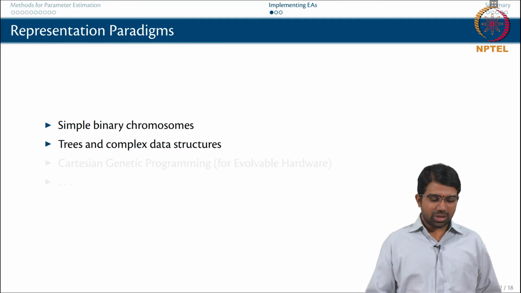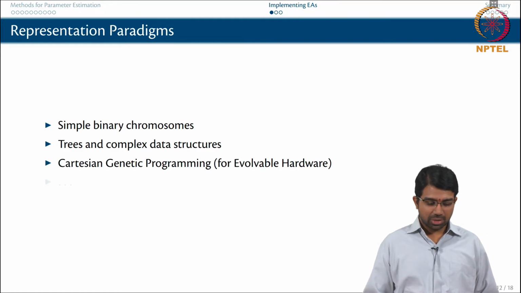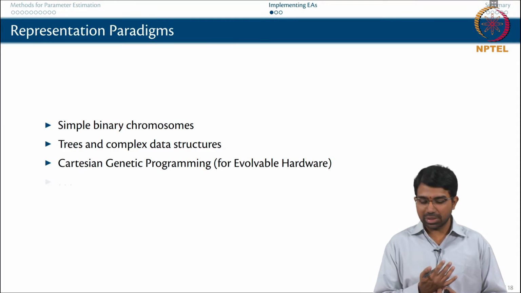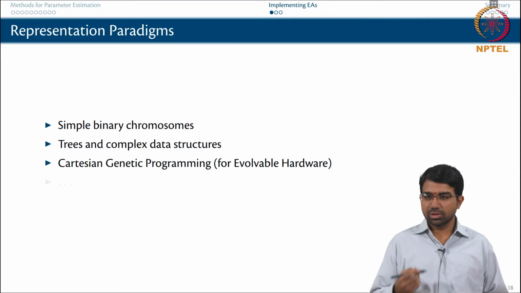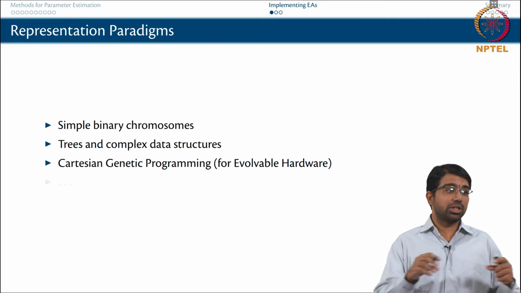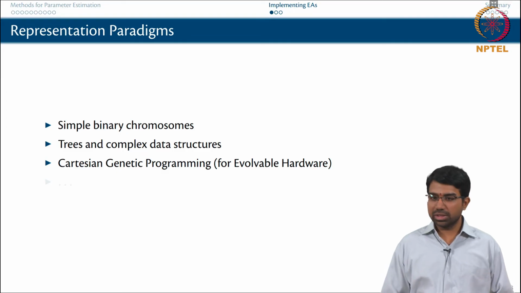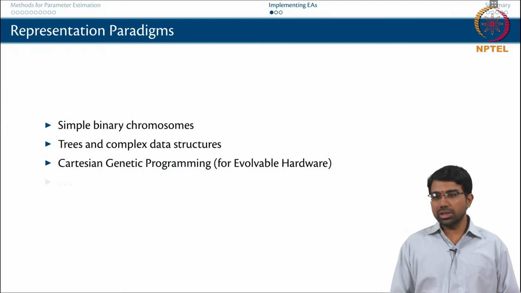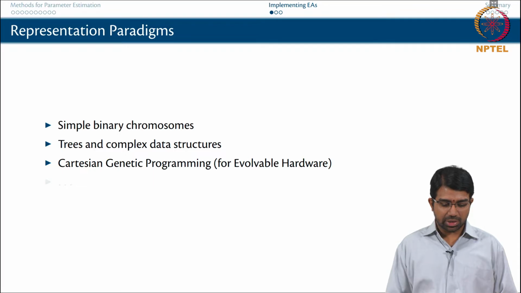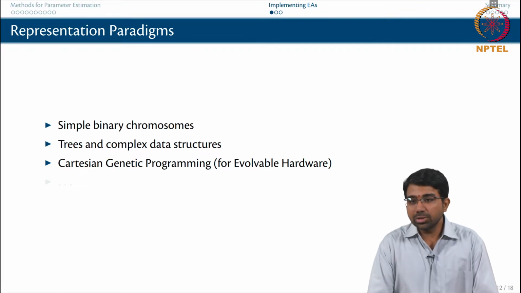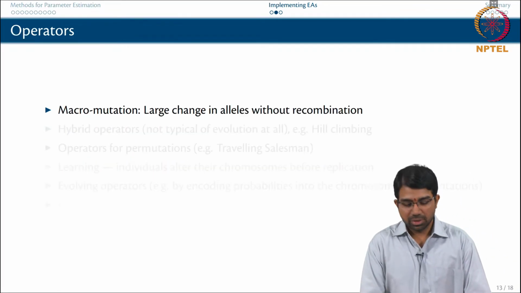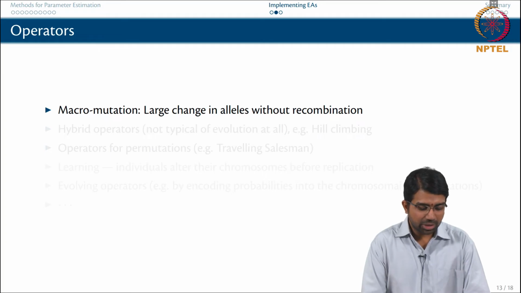So you can have trees or other kinds of complex data structures. You can have Cartesian genetic programming, that is something I mentioned earlier, and so on and so forth. For scheduling, you may have a very different kind of data structure, right. So you need to come up with representation paradigms, and you need search operators. You can have macro mutation, so large changes in alleles without recombination.